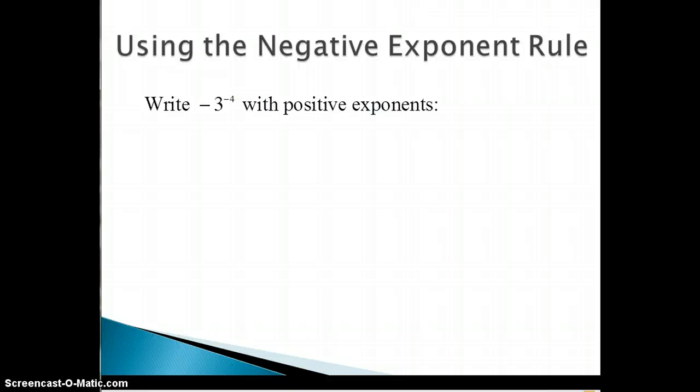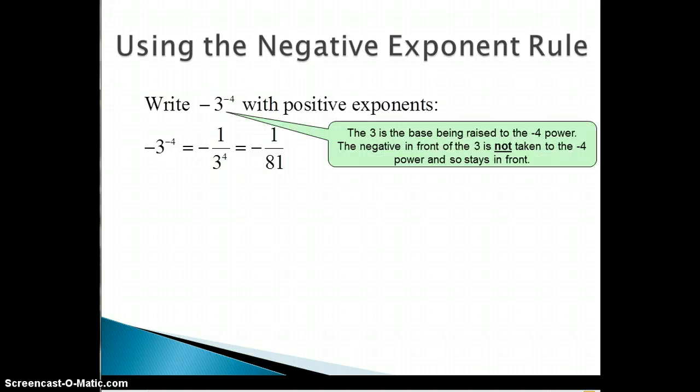How about this example? We have a negative and then a 3 to the negative 4, and we want to rewrite that with positive exponents. So that base here is the positive 3. That negative sign that's out front is not being raised to a negative 4th power because it would have to be inside parentheses to be included in that power.